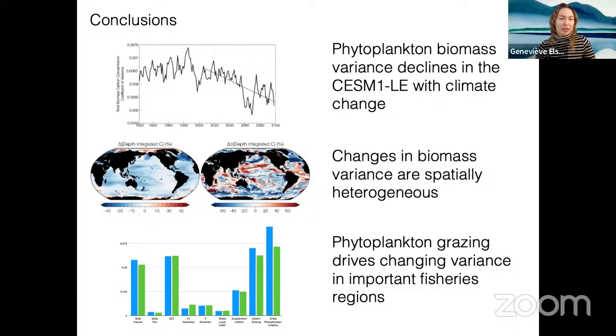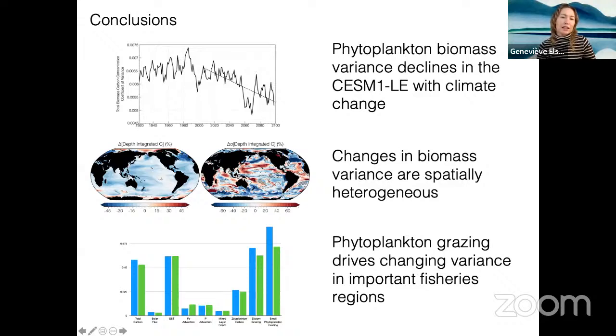So just to conclude, there's a decline in global phytoplankton biomass variance in the CESM1 LE with warming, and this is reflected by similar changes across CMIP5.